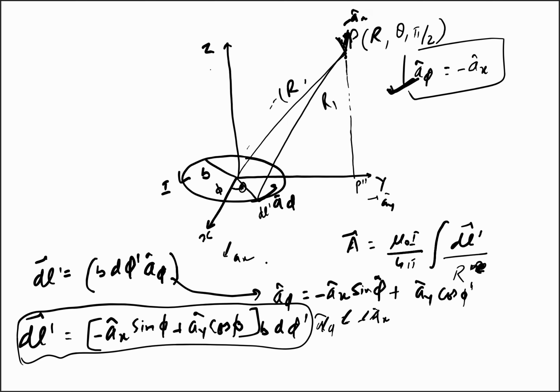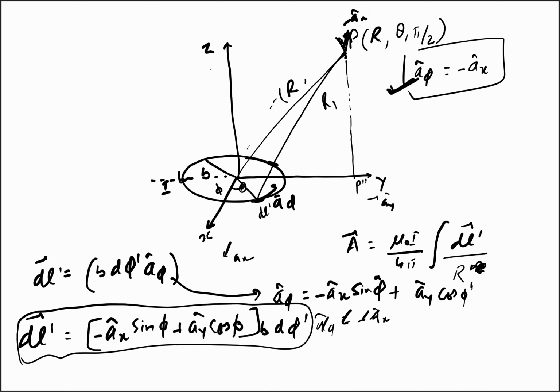Now you will see that for further easing our calculation, for every current carrying component here, I dl dash, there will be a symmetrically placed dl dash here opposite to this or across this y axis, which will be contributing to A in minus ax direction, but they will be cancelling the contribution in the y-axis direction.